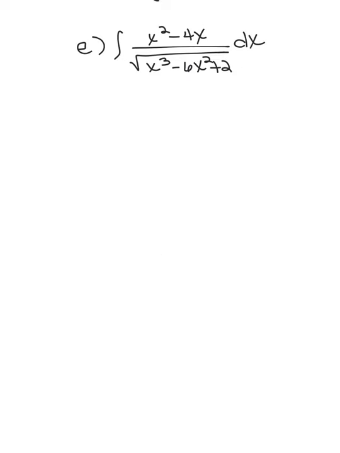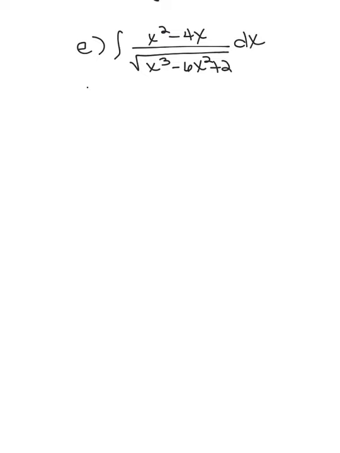On example E, we have the integral of x squared minus 4x over the square root of x cubed minus 6x squared plus 2, and all of this is dx, so we're being told it's a derivative. Remember that a square root is a 1/2 power. And like the last problem, the quantity to the power cannot be in the denominator.